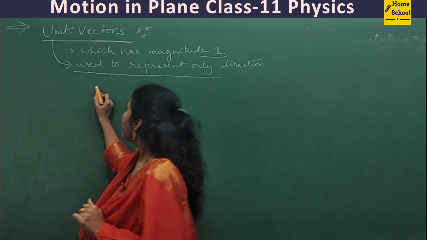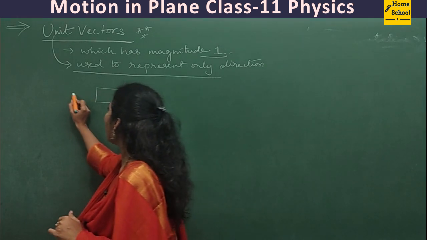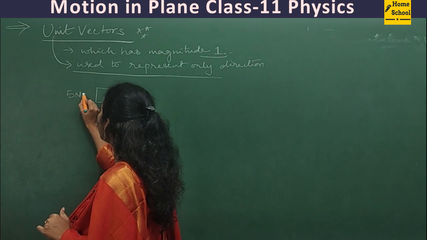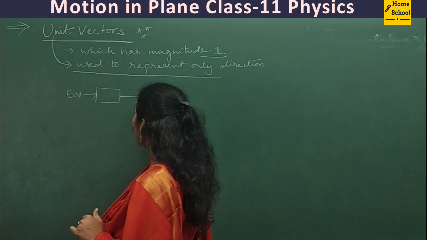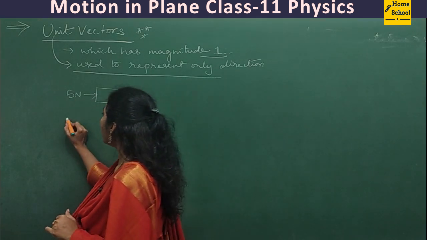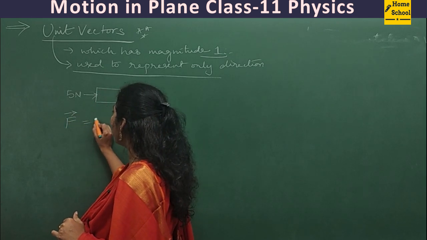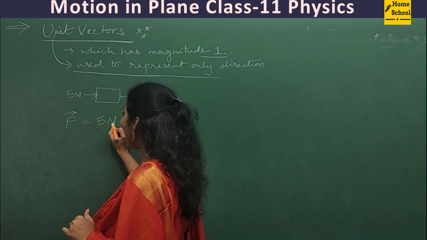You would be wondering what exactly we mean by this. Just observe. I took this example from the starting, let me take this only. Say 5 newtons of force I applied in this direction and the object is moving right side. If I have to represent a force vector here, F arrow is equal to 5 newtons, this is the magnitude.